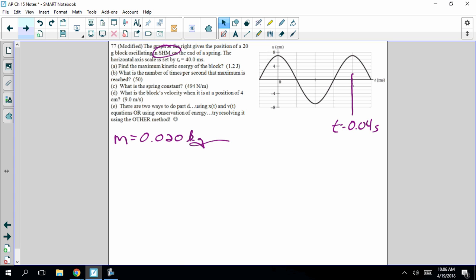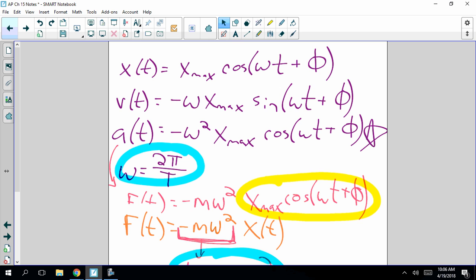Okay, yeah, so look, our position at time t is x max times this, right? So that means that our maximum velocity is whatever this max is, right? Follow? So I know my x max, I know I can find omega, so I can find my v max.